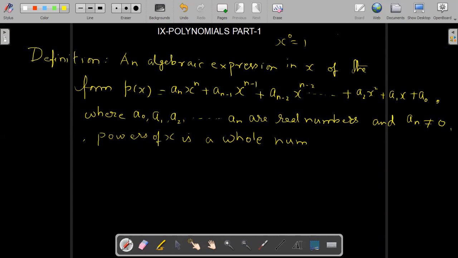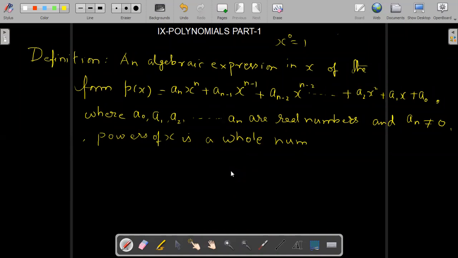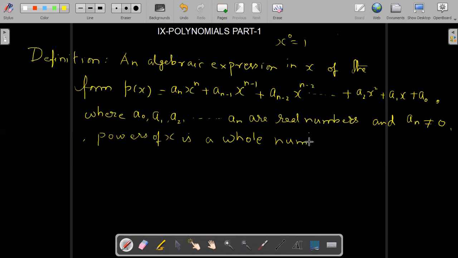Now, if anyone is figuring it out, you can raise your hand. So the power of x is a whole number.